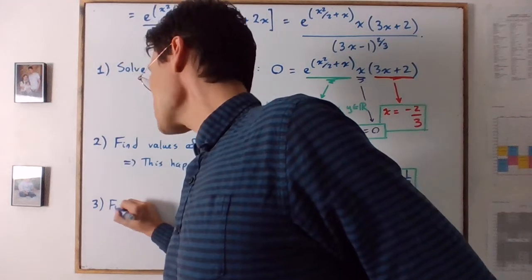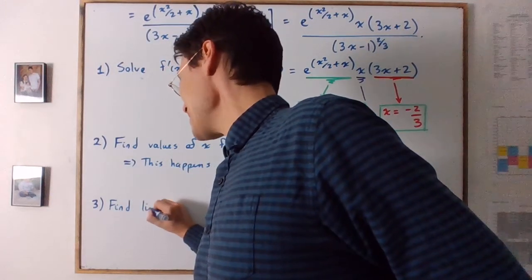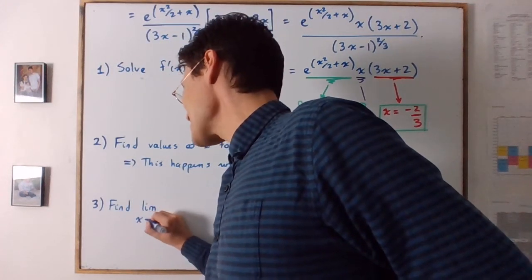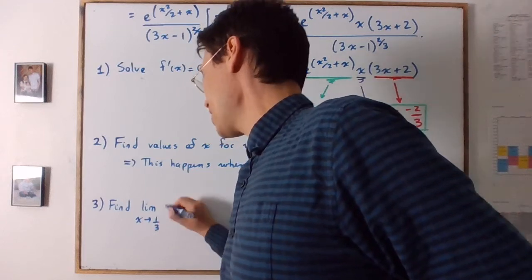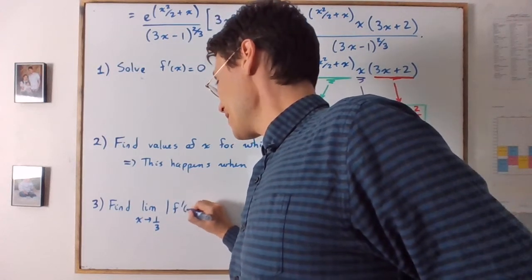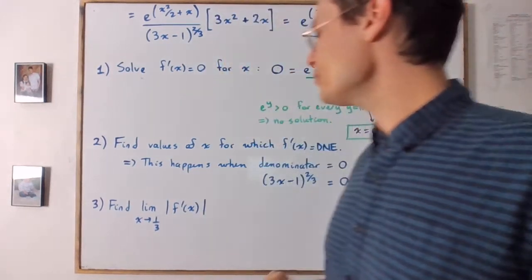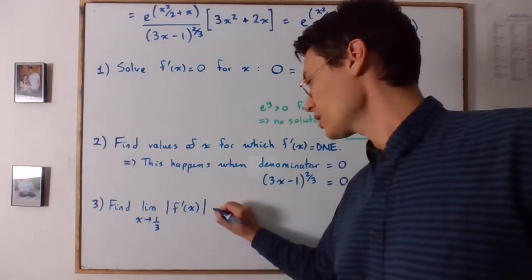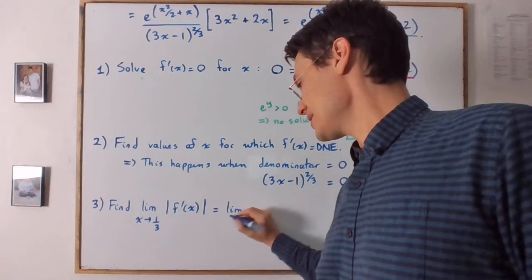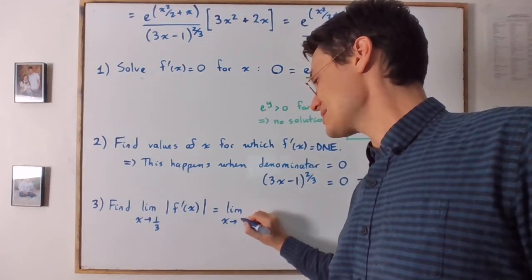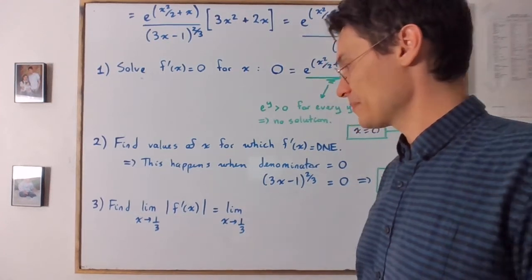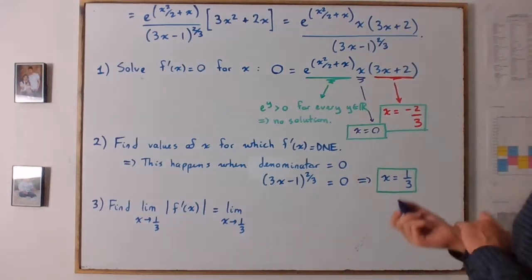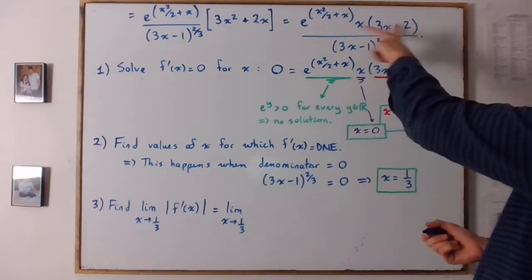So what we're going to do is find the limit as x approaches 1/3 of, remember, the absolute value of f prime of x. So in other words, it's the limit as x approaches 1/3 of, so we have it over here.